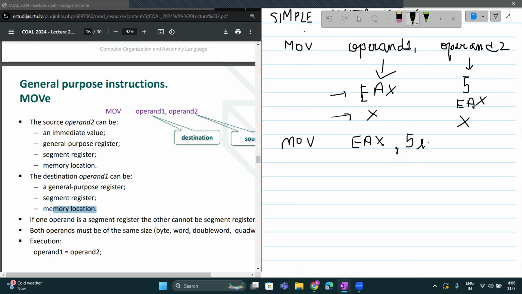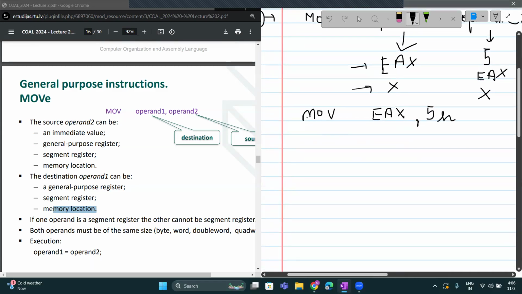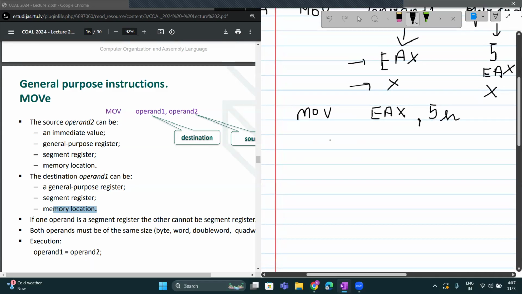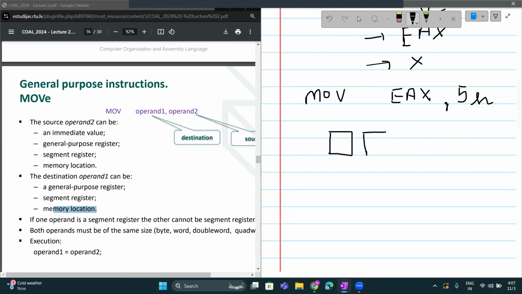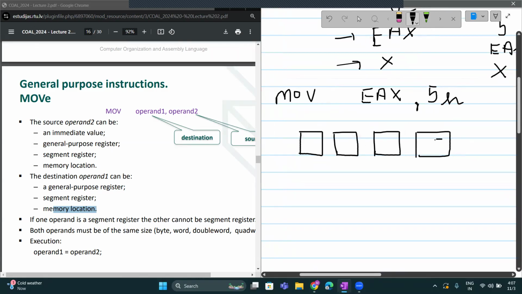Let's try 5h. What happens here? The EAX register is basically 4 bytes. These are the 4 bytes, and it gets 5 hexadecimal. So it's already in the hexadecimal form.